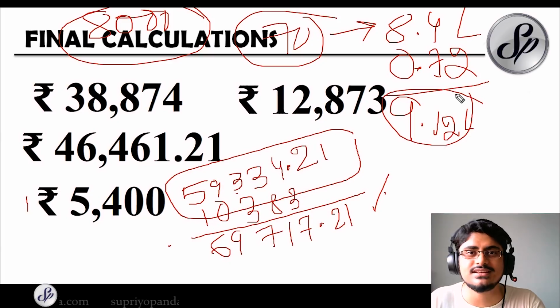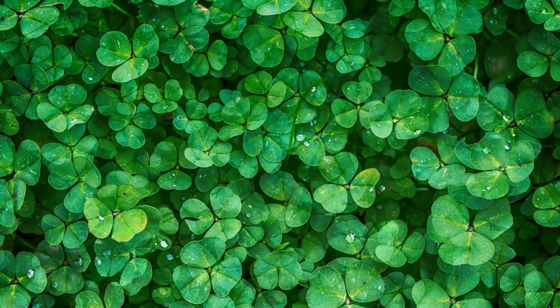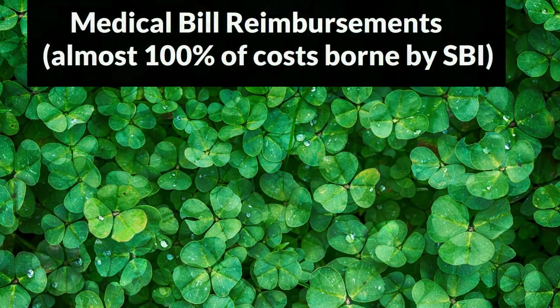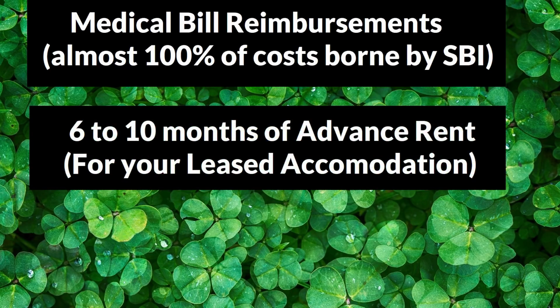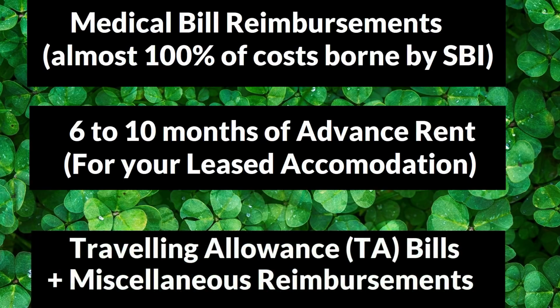And now with this 9.12 lakhs, you have to add a lot more as well. Why is that? Because remember, you have your medical reimbursements. A lot of amount of medical reimbursements is actually going to be given to you. And then you have your 6 to 10 months of advance rent that is also paid by SBI. Nothing has to be paid from your pocket. Then you also have something called the traveling allowance bills, the TA bills that we call.